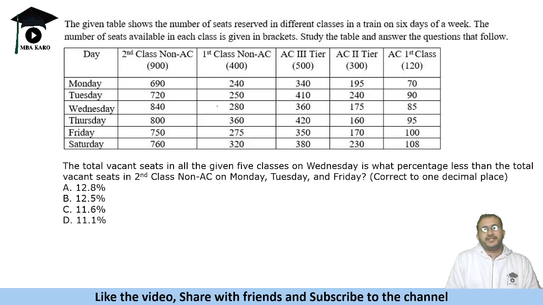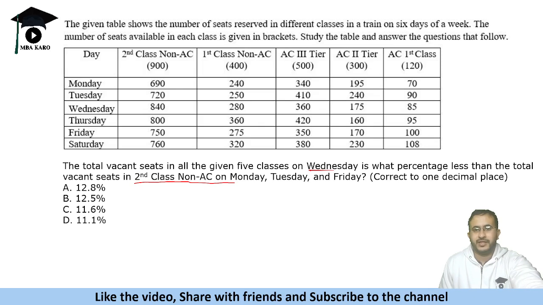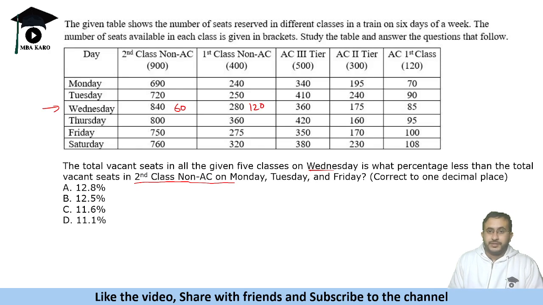The total vacant seats in all the given five classes on Wednesday is what percentage less than the total vacant seats in second class non-AC on Monday, Tuesday, and Friday? Okay, so again, looking at this, it is too much calculation involved. Total vacant seats on Wednesday. Let's do this. This is 60. This is 120. This is 140.